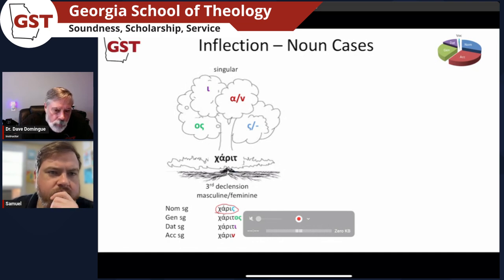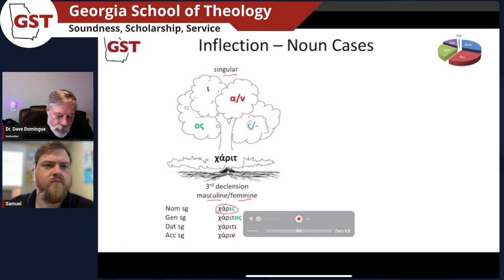We'll get more into that, but right now just notice the stem endings. For the singular, whether the word is masculine or feminine, it's going to follow this pattern, with the sigma in the nominative.